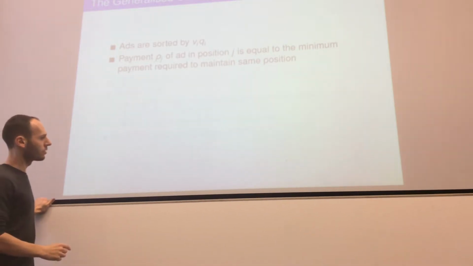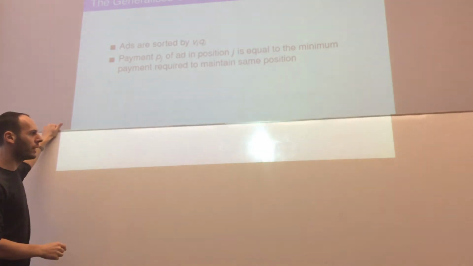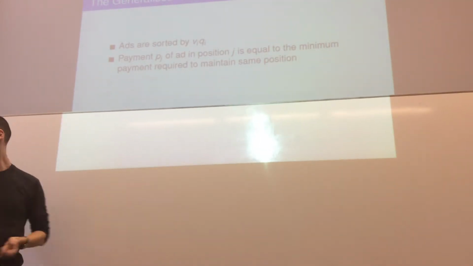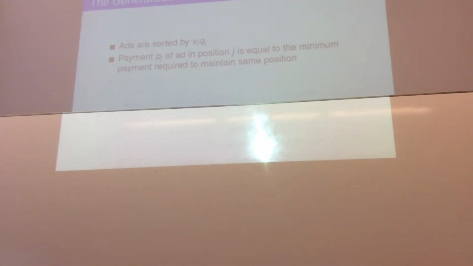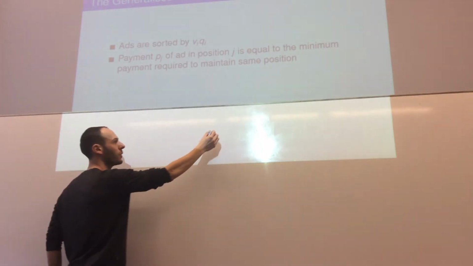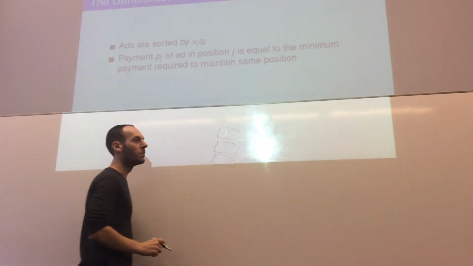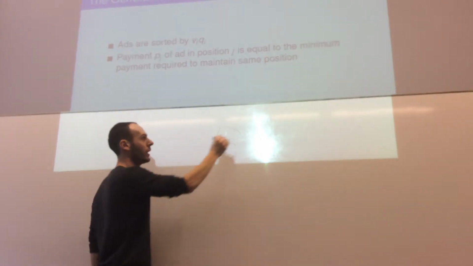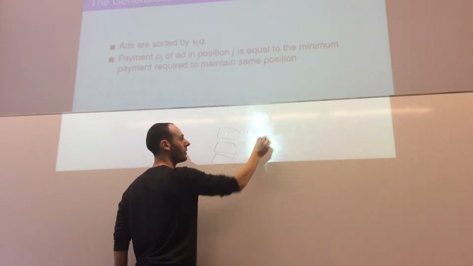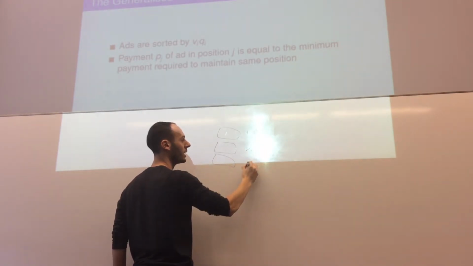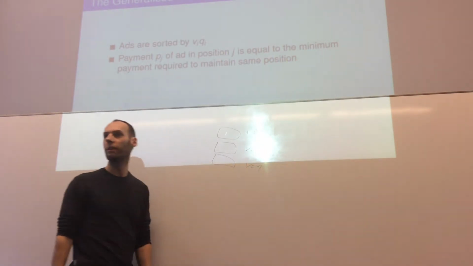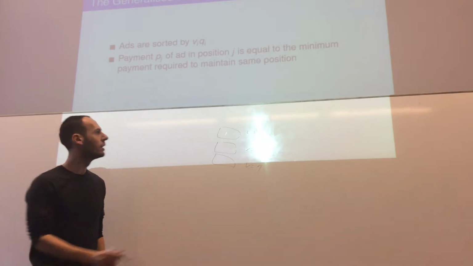Let's look at the situation where we don't have the quality. So let's ignore the quality for now. Then it's very simple. Suppose we have 3 slots, and the highest bidder is willing to pay a value of 5 for this slot, then 3, and a value of 1 here. If we didn't have the quality, it's very simple.